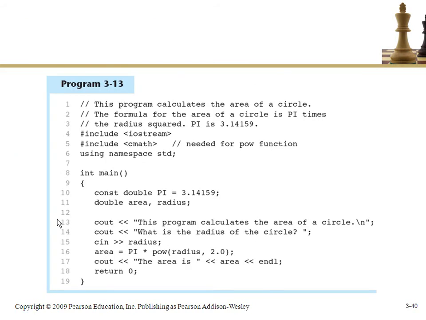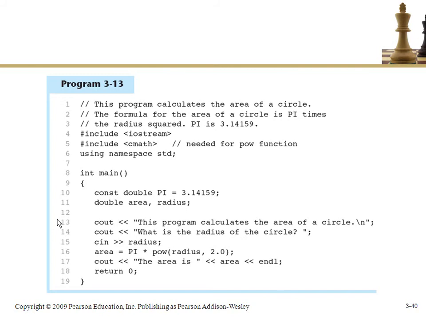Let's look at a program from your book, program 3-13. This program will calculate the area of a circle, and the formula for calculating the area of a circle is pi times radius squared. Pi is a constant.